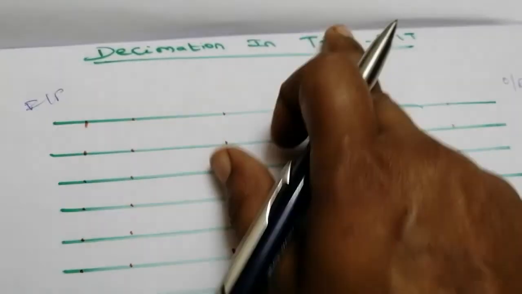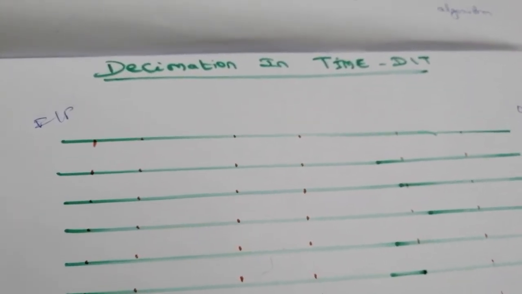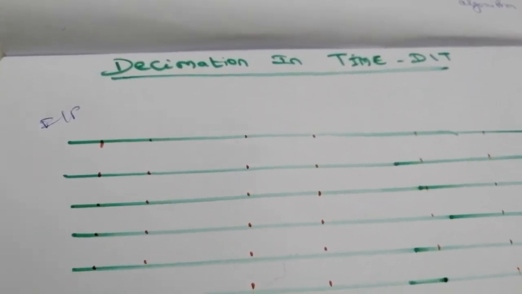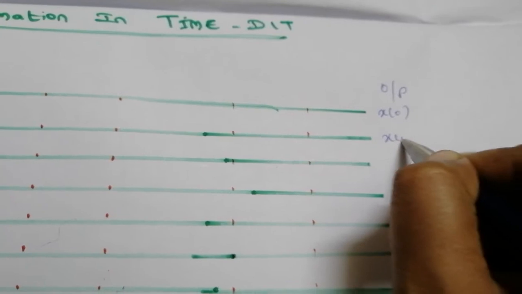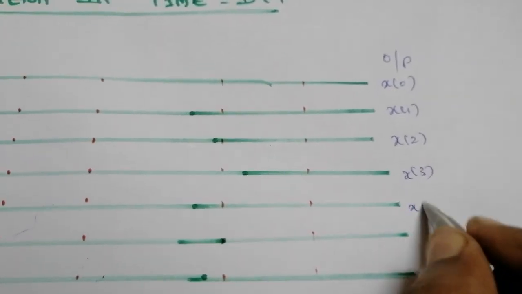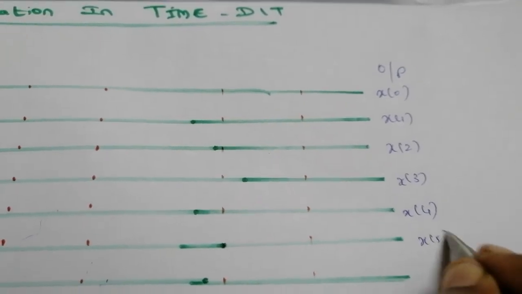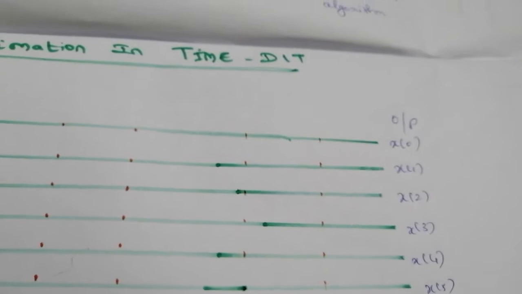In DIT, the input side is in bit reverse order and the output side is in normal order. Normal order means we directly write x of 0, x of 1, x of 2, x of 3, x of 4, x of 5, x of 6, x of 7. So this method is DIT.